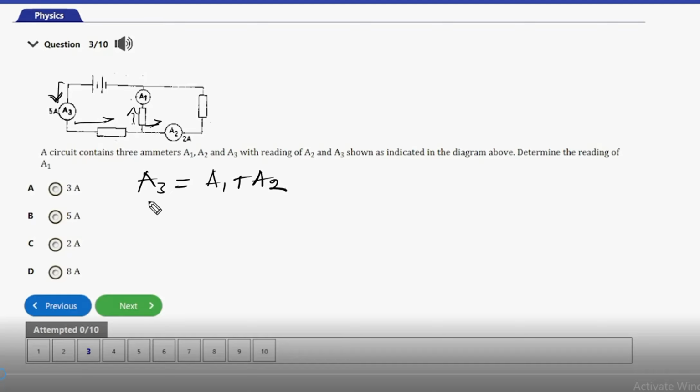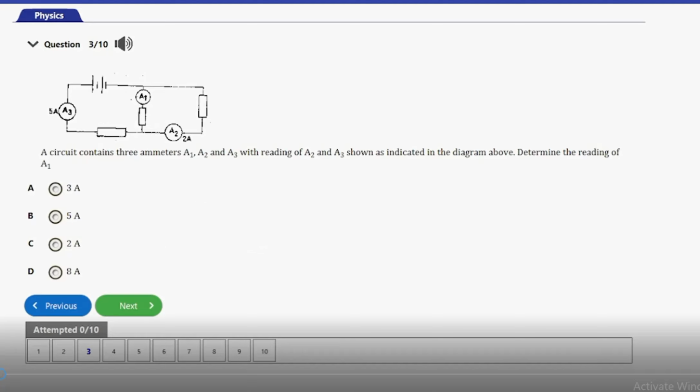So in that case, A3, which is 5 amps, will be equal to A1, which is unknown, plus A2, which is 2 amps. So guys, in this case, A1 will be 5 minus 2, which is 3 amps. So that's option A here, guys. That's the answer to this question.